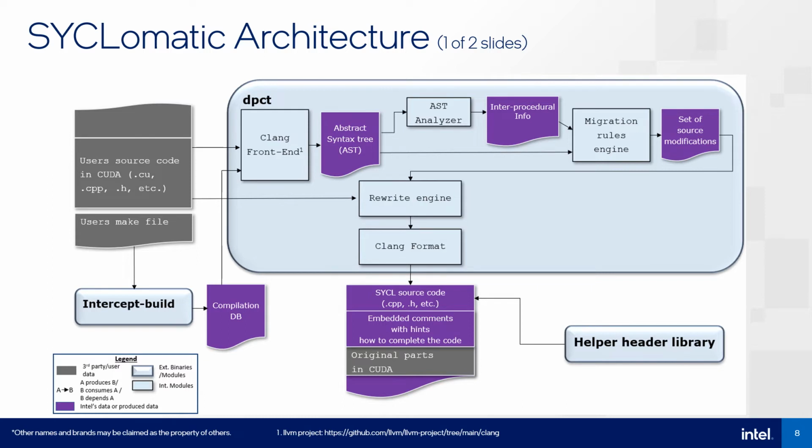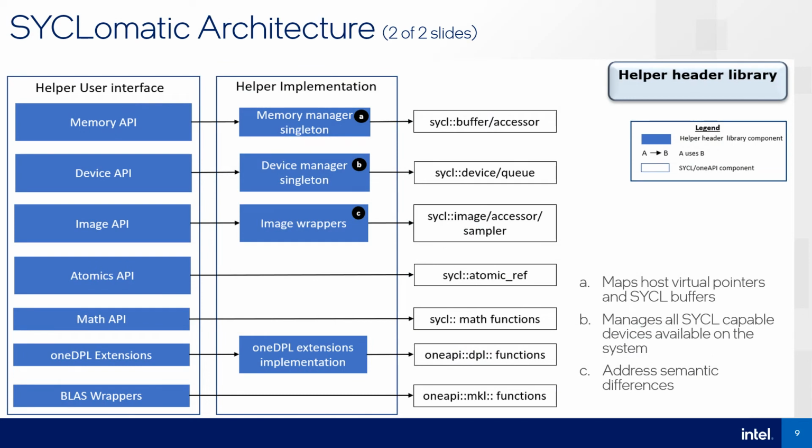Developer can copy these header files if needed and include them in the generated code. This page presents more detail of the helper header library. The helper header library is a pure header file library.